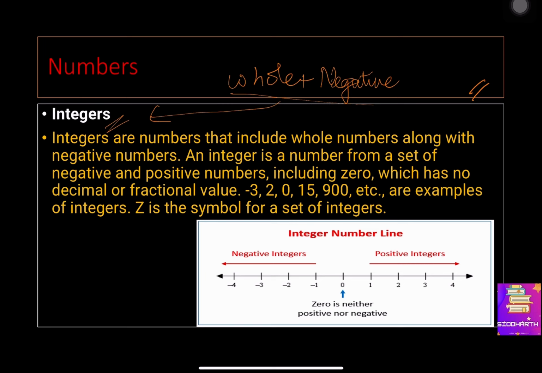An integer is a number from a set of negative and positive numbers including 0, which has no decimal or fractional value. Examples of integers are -3, -2, 15, 900 and so on. Z is the symbol for the set of integers.